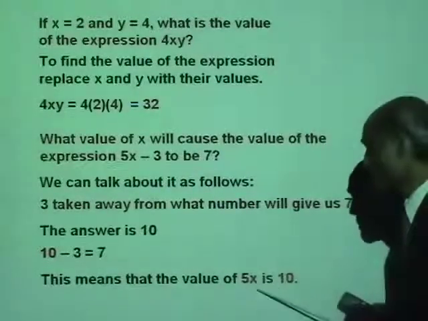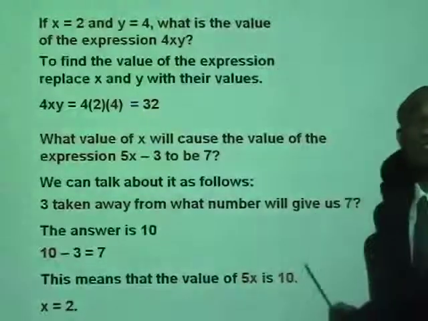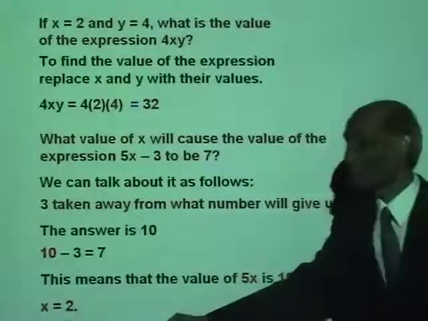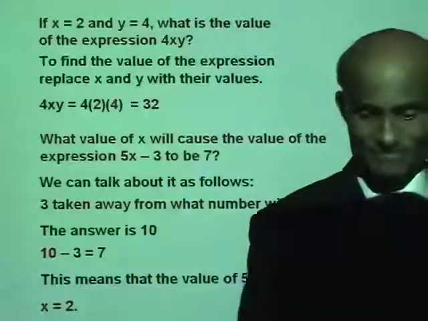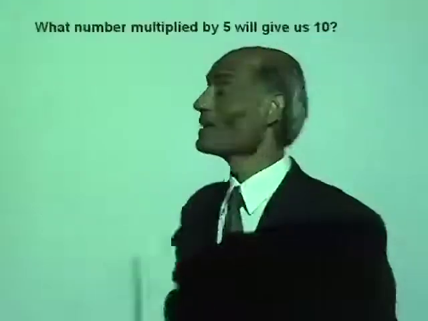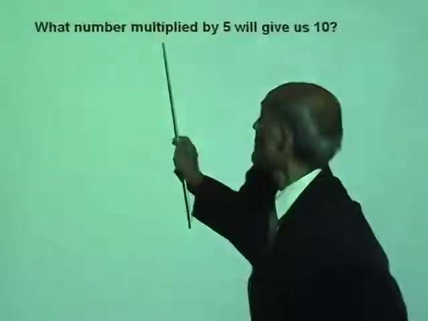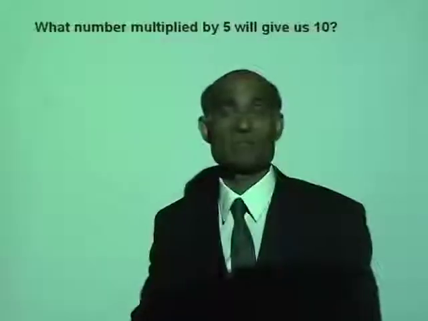Alright? If the value of 5x is 10, what is the value of x? x therefore equals 2. Look at another question. What number multiplied by 5 will give us 10?